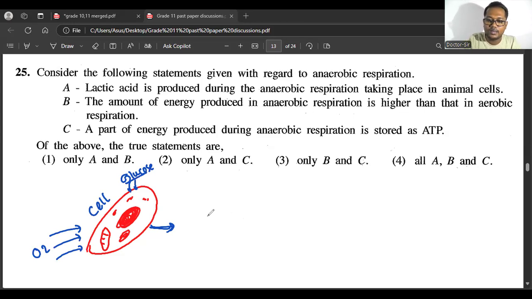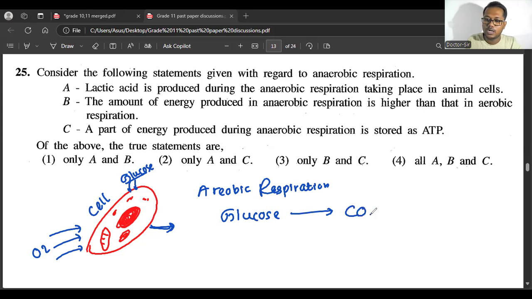At that time this cell will go through aerobic respiration. In respiration, this glucose will be totally converted into carbon dioxide and H2O.